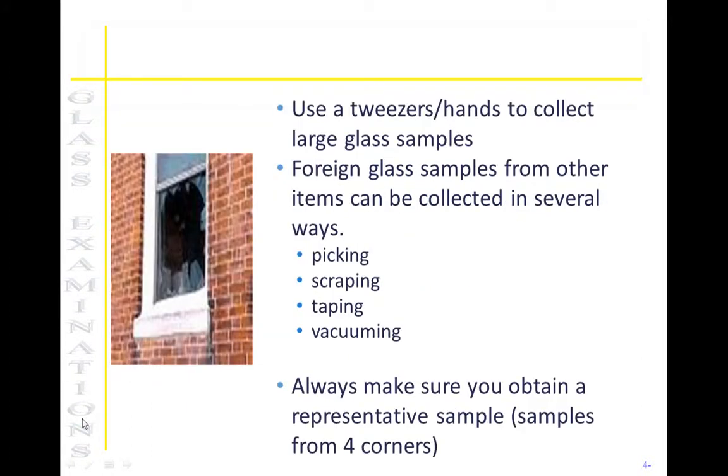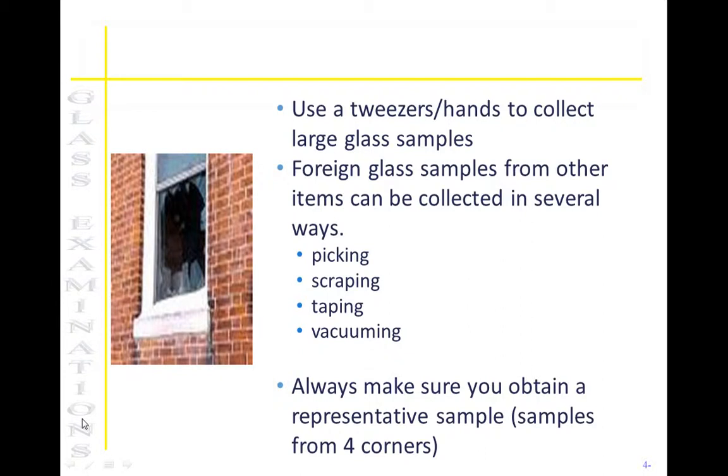When we collect glass samples at a crime scene, usually either tweezers are used or the hands are used to collect your larger glass samples. Smaller glass samples can be collected through a variety of methods, either by, once again, using tweezers, or in some instances, scraping down items may actually recover glass particles out of the items themselves.